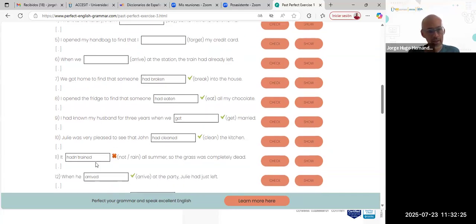Look at this. Here, I use not the correct symbol of the contraction. I use another symbol, and it's going to be wrong because of the symbol, only because of the symbol, okay?